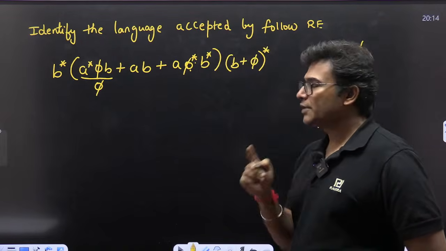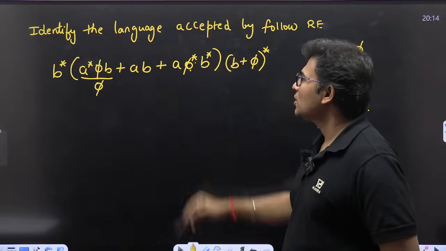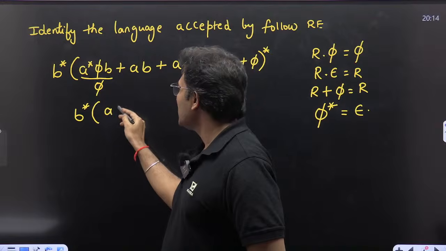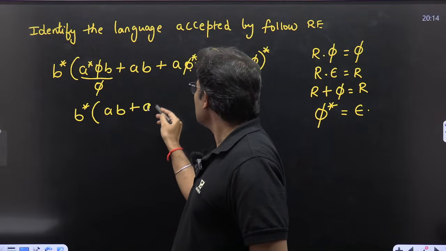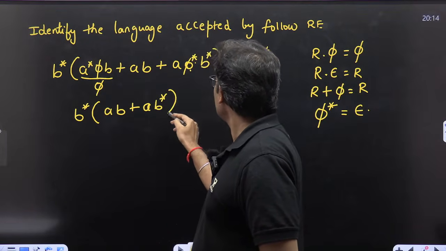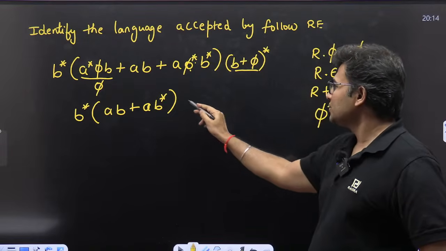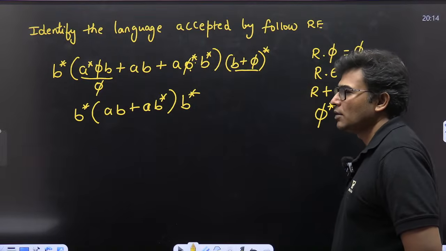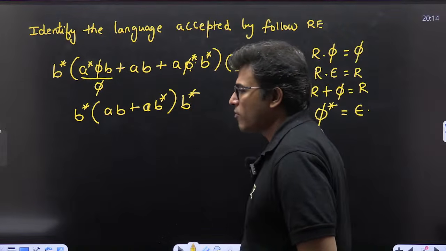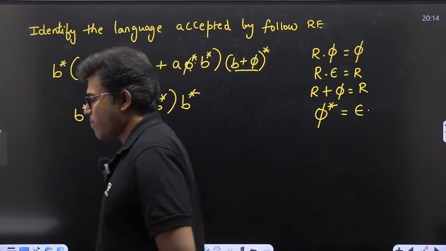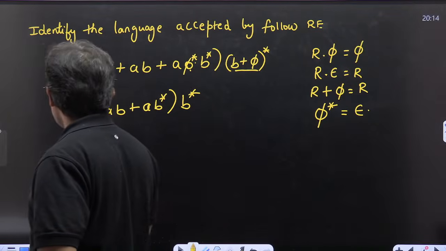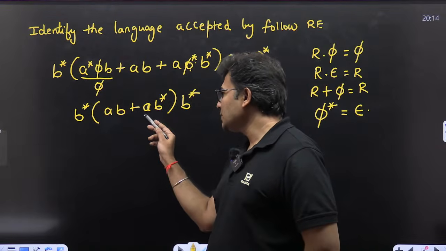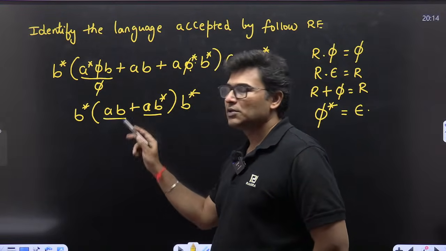If I put epsilon here, I am going to get ab*. So this is b* followed by (ab + ab*). Anything union with the empty set is itself, so this part is going to be b*. And ab* contains ab, so you don't have to write it again.